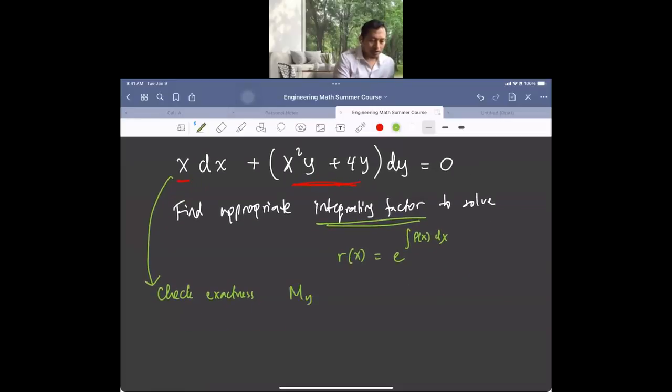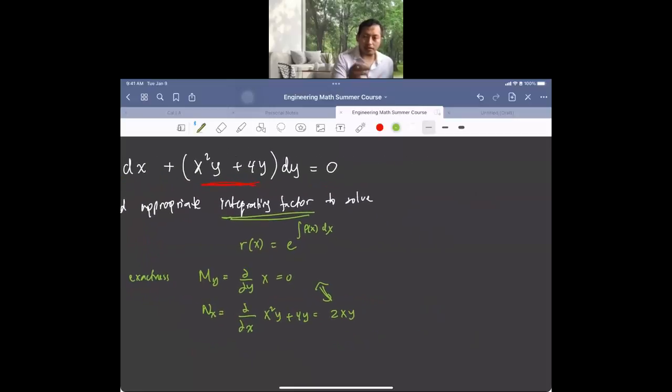So we need to multiply with an integrating factor, right? So first, let me write here that partial y of x is 0, and partial x of x squared y plus 4y is 2xy. Okay.